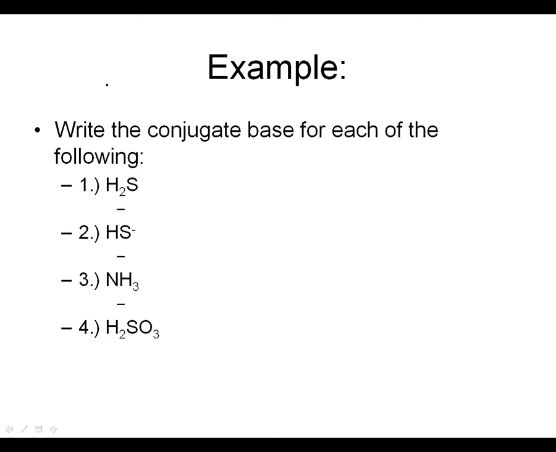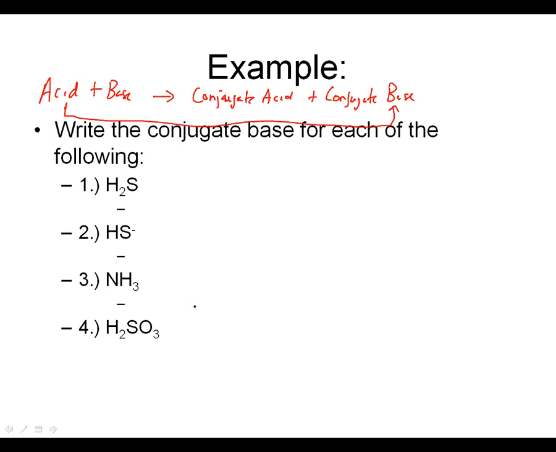If you remember our equation, it was our acid plus our base gives us our conjugate acid plus our conjugate base. And again, the relationship is the acid on the left-hand side is related to the conjugate base on the right-hand side, while the base on the left-hand side is related to our conjugate acid on the right-hand side.